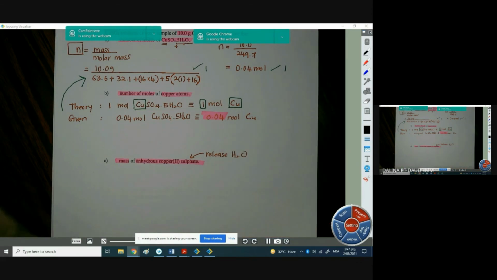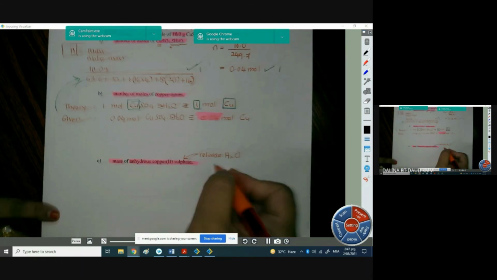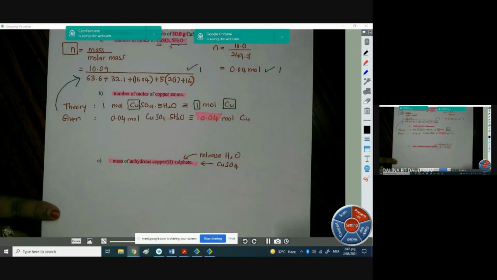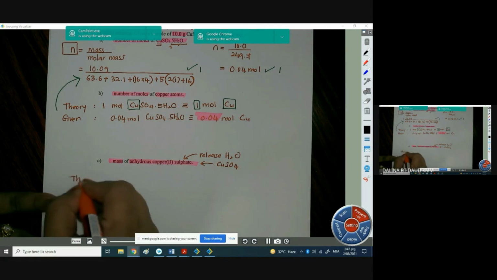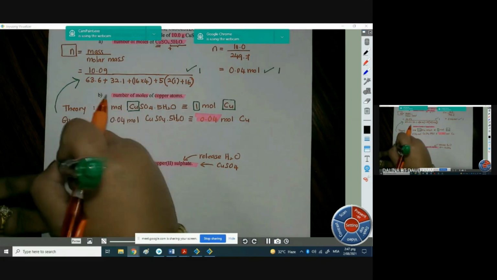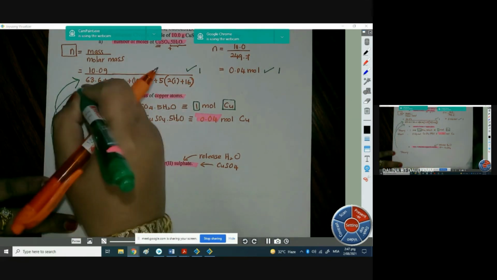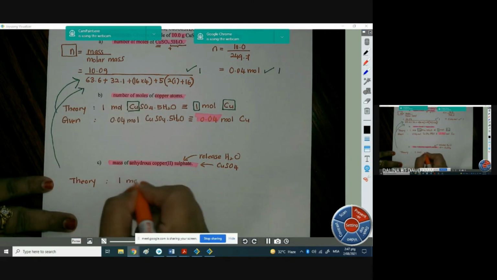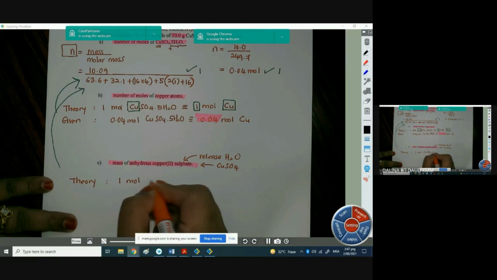So we also make the relationship here. The theoretical relationship is still with the hydrated copper sulfate: 1 mole of hydrated copper sulfate.